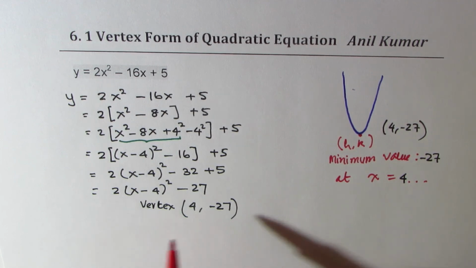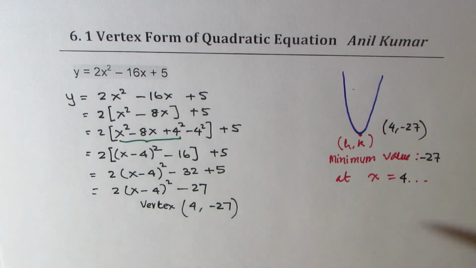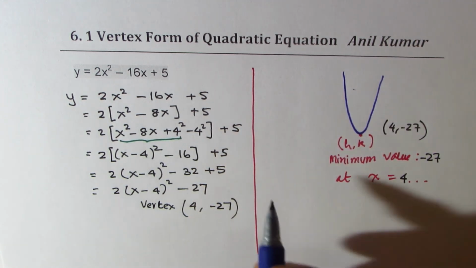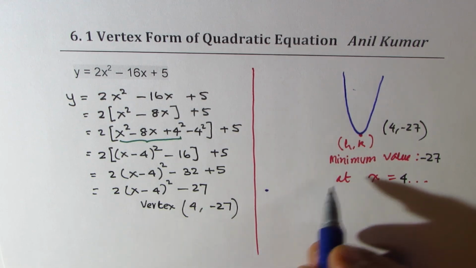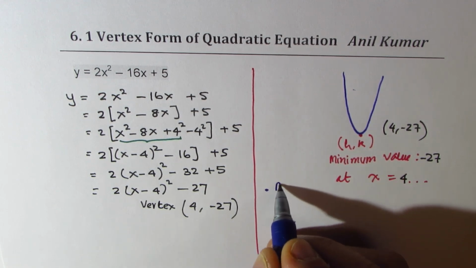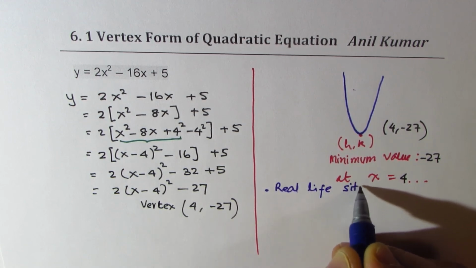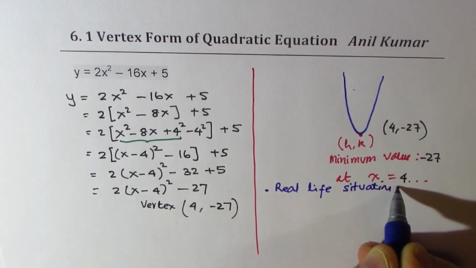Perfect. So these are the steps which I hope are absolutely clear. Now it finds huge applications. Can you tell me where all we are going to apply it? As you can see, real life situations. We'll take up examples in the next video.